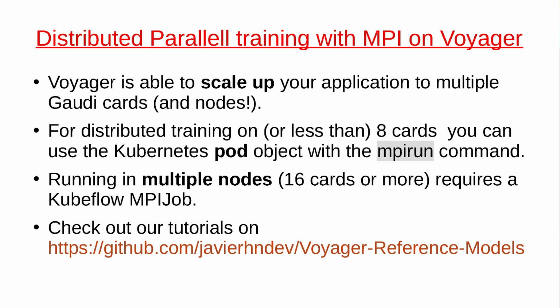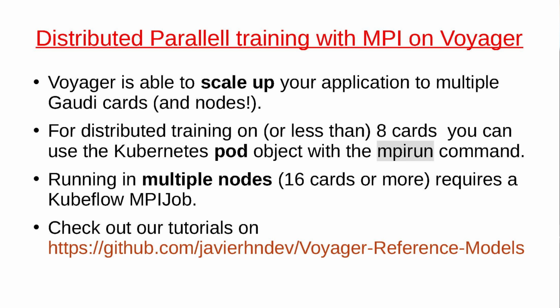As I said, you can scale your application to multiple cards or even nodes. It's relatively simple. If you have less than 8 cards, you have this pod object in Kubernetes. You can still use that. You can use the mpirun command, and that's it.